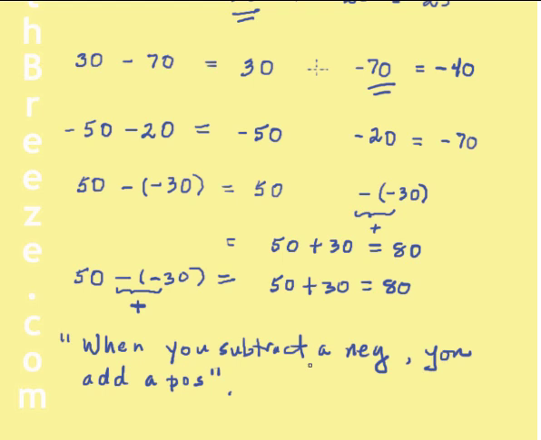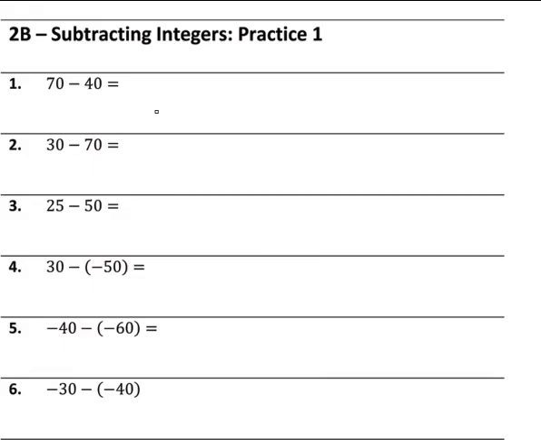And now let's do some more examples. Okay, we'll start here. 70 subtract 40. That's the same as 70 plus minus 40. And we subtract, sign of bigger, so that would be subtract, we get 30. And it's positive 30 because 70 is larger than 40.